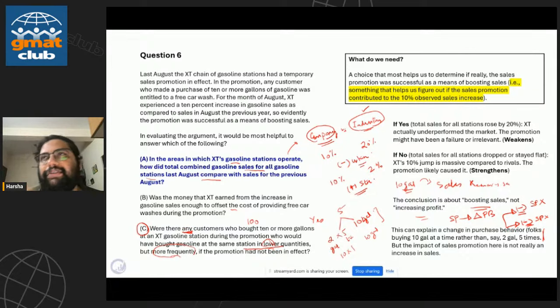Whenever there is a percentage argument, we always have to look for answers talking about the overall base. Percentage is an entire discussion in itself. Aman, great question. Now, there are a lot of traps with regard to numbers and percentage. One of the common traps is that just because your percentage or proportion increased doesn't mean the absolute number increased. For example, your percentage might have increased because your denominator, what goes at the base, decreased. That's a trap.